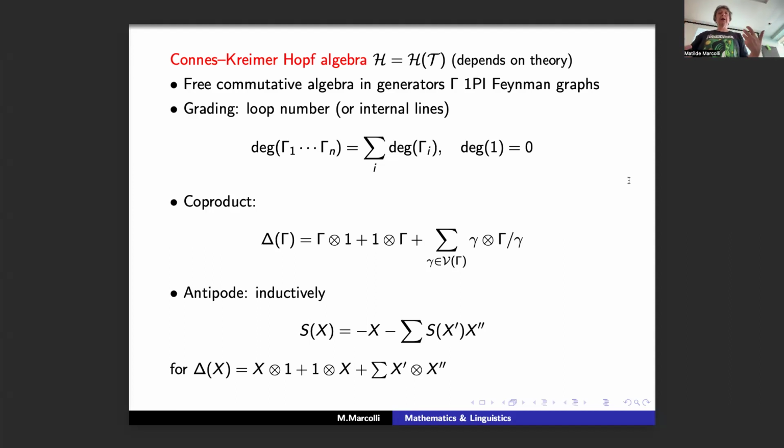So the coproduct is given by all the possible ways in which you can extract a subgraph and take the quotient graph. The quotient graph just means that your subgraph gets contracted to a single vertex. And of course, you have to make sure that this is still a Feynman graph of the theory, which means that vertex has to be of the right valence that's allowed.